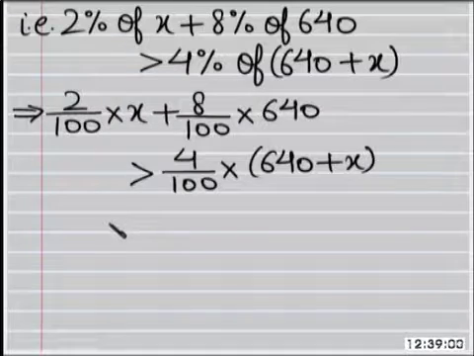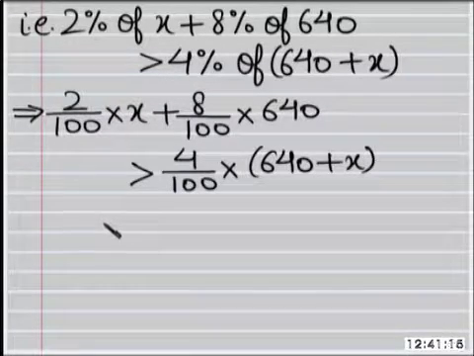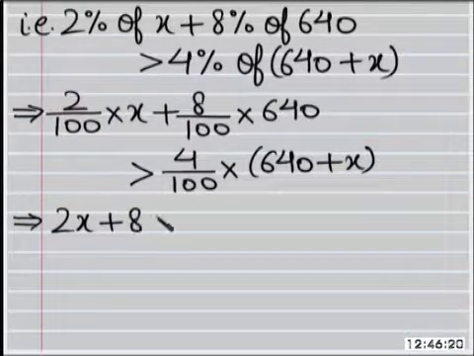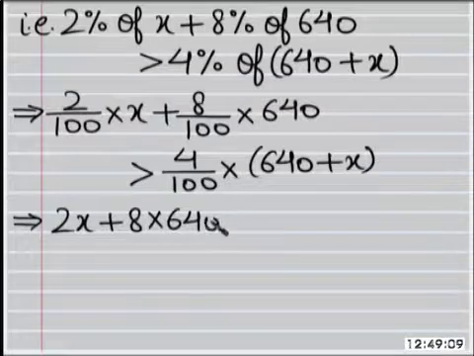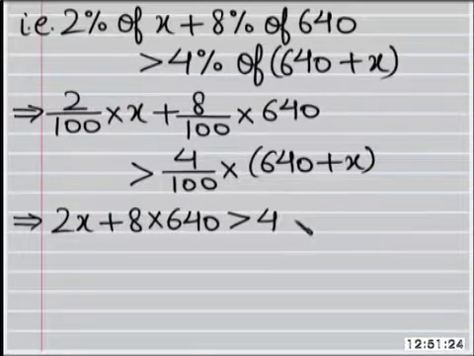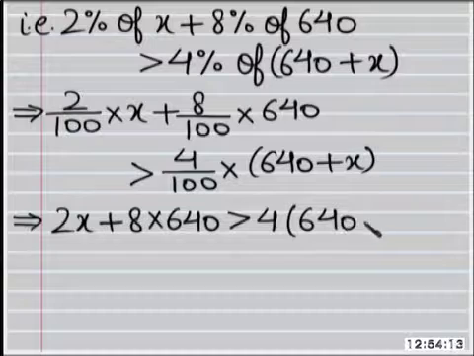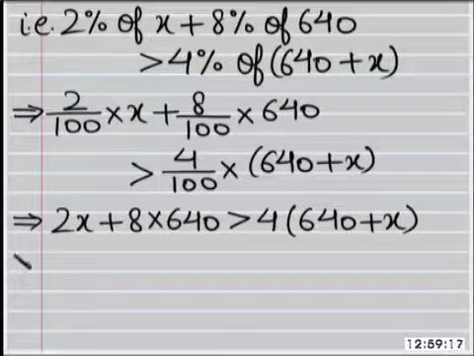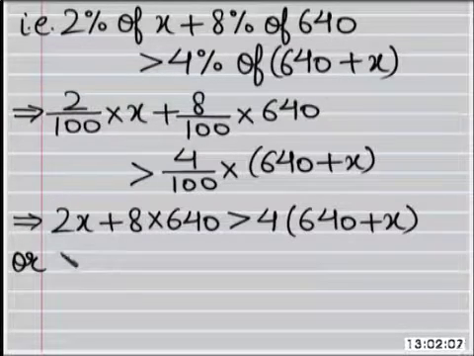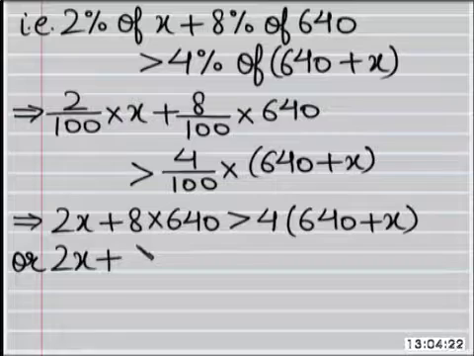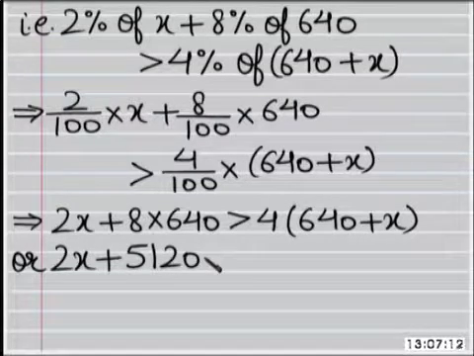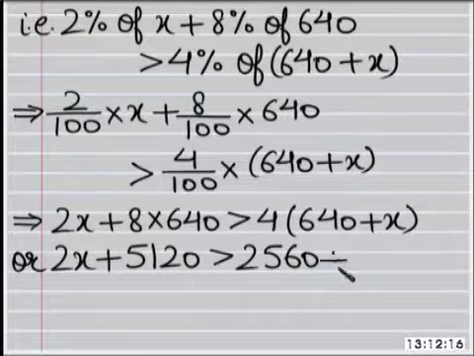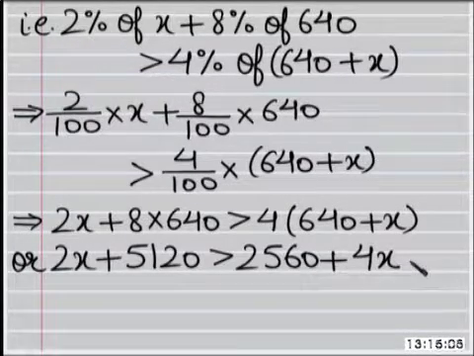Now, multiplying both sides by 100, we get 2 into x plus 8 into 640 is greater than 4 whole multiplied by 640 plus x, or 2 into x plus 5120 is greater than 2560 plus 4 into x.